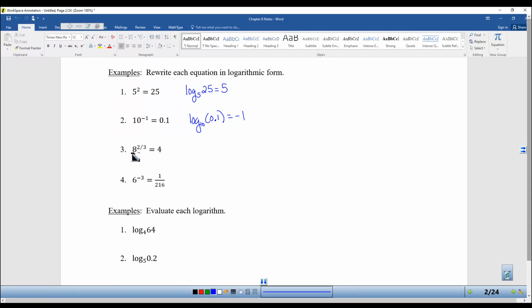Now my base is base 8. That's the base of the exponent, but it becomes the base of my logarithm. Log base 8 of 4 is equal to 2/3. And the last one, log base 6 of 1/216 is equal to -3.